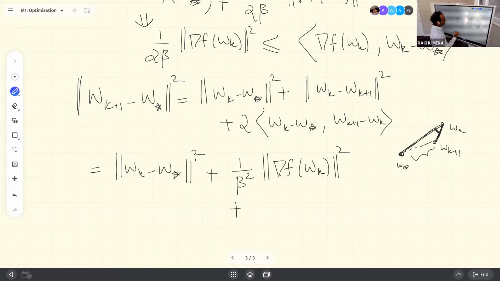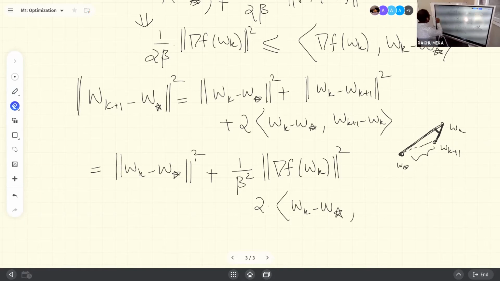We get 2 times this, which is the negative of the gradient, so I get minus of this.